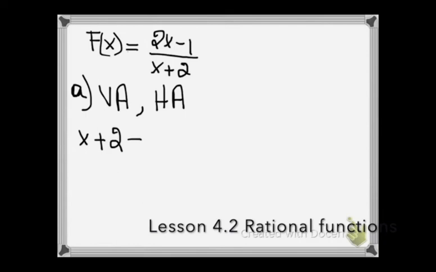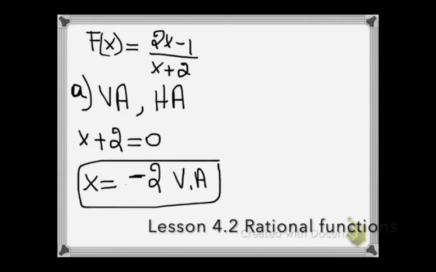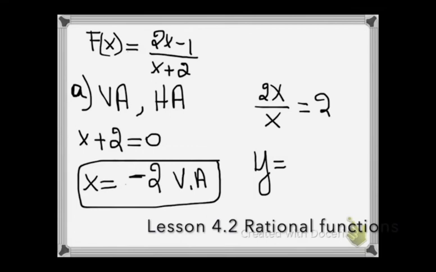So x plus 2 equals 0, and I have x equals minus 2 as the asymptote. I'll keep it in a box because later I'm going to need it. To find HA, I take the start of the numerator, 2x, divided by x. This ratio simplifies, so y equals 2 is the HA.